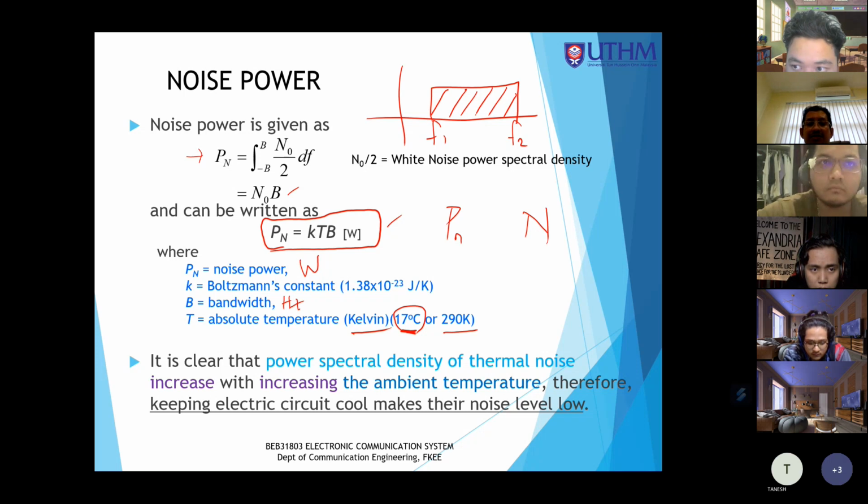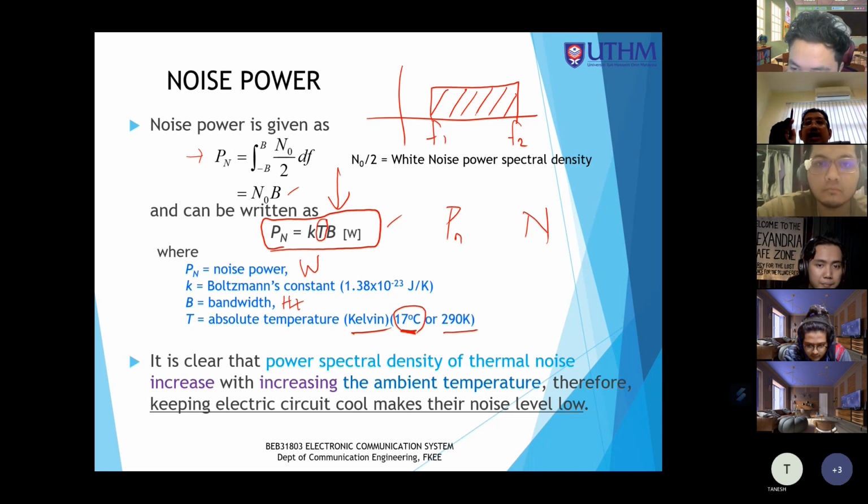Okay, so if you see from this equation, it is clear that the power spectral density of thermal noise increase with the increasing of ambient temperature. Nampak. Kalau you lihat dalam equation yang ini okay, lagi tinggi nilai suhu, okay, lagi tinggi suhu, maka noise power menjadi semakin besar.